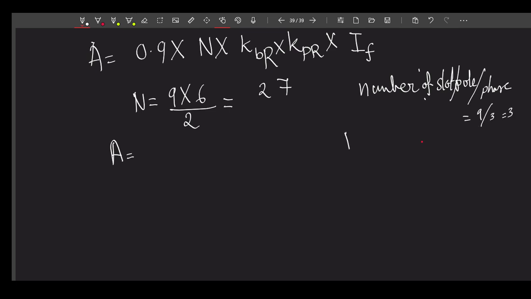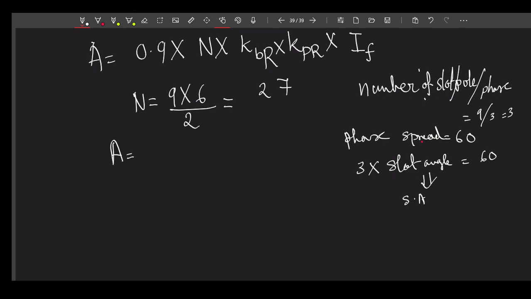Now if you assume phase spread is equal to 60, that means 3 slots are occupying this 60. So 3 into slot angle is equal to 60 implies slot angle is equal to 60 by 3 degree, that is 20 degree.